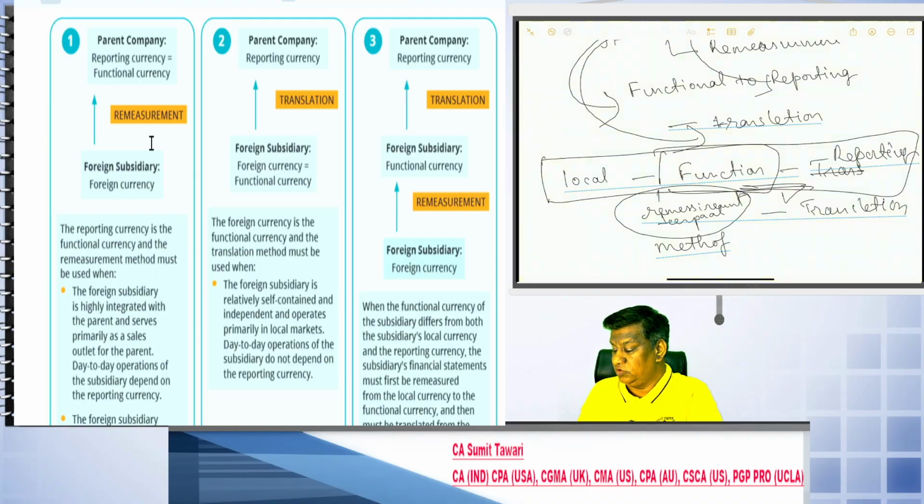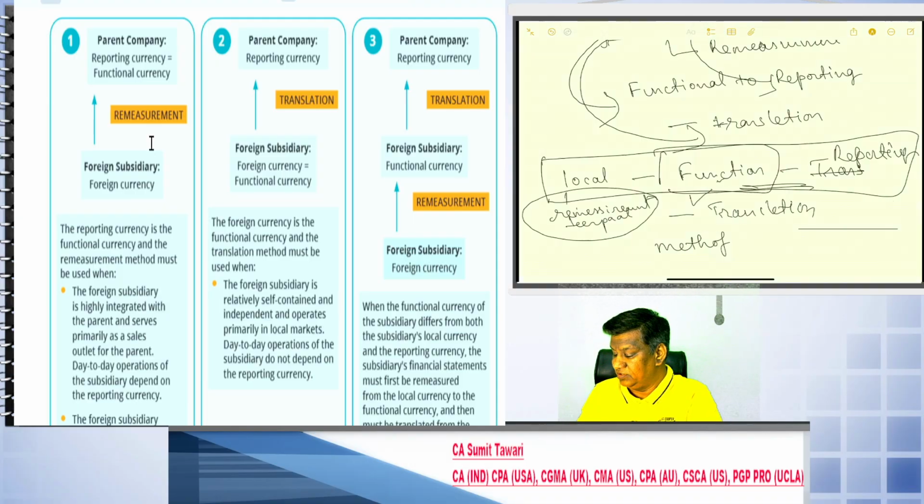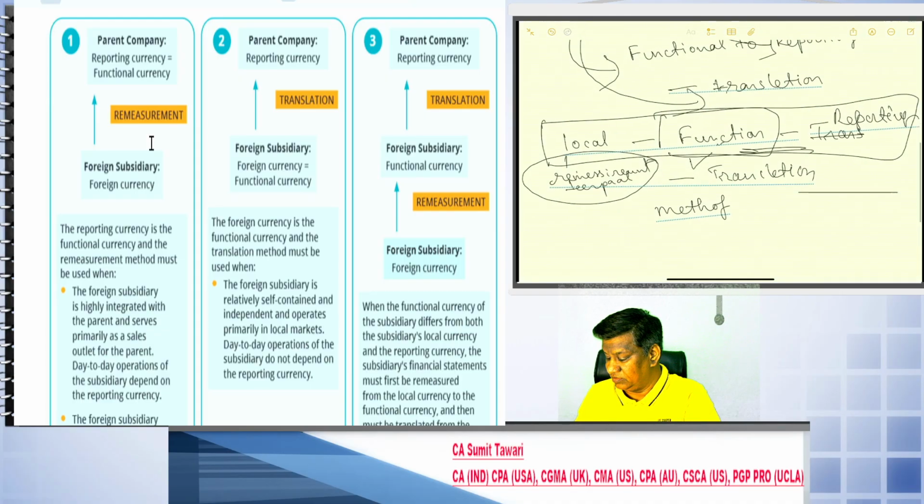So local to functional, we need to do the remeasurement. Functional to reporting, we need to do the translation. If local and functional currency are the same, then you just need to do the translation. If functional and reporting currency are the same, then you need to do the remeasurement. So that you need to keep in mind. Clear?